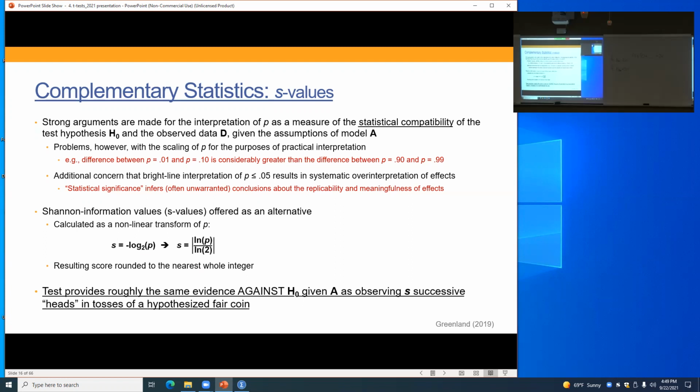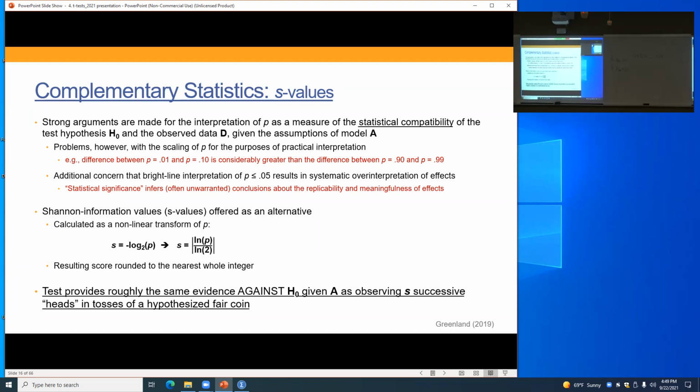Basically, if we create this Shannon information value, it's a non-linear transform of P. If we take the negative log base 2 of P, and this is hard to go through, it mathematically converts to the natural log of P over the natural log of 2, because log base 2 is hard to calculate on your hand calculators.